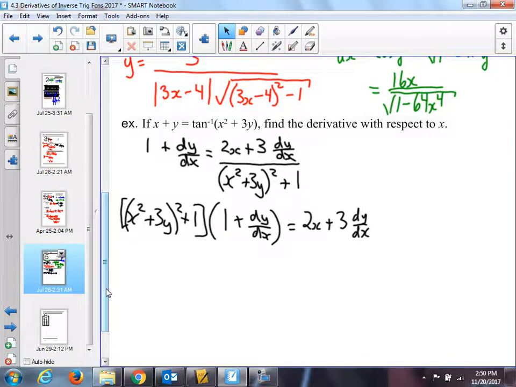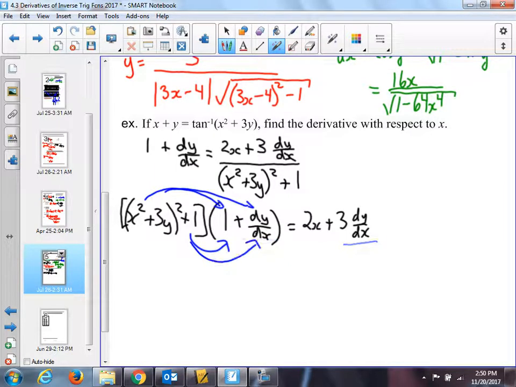Okay, so once we have that, don't multiply out the square. If I just want to isolate for dy by dx, I've got that and that I want to do there. But we do have to multiply and distribute, and then I have to distribute here. But I'm going to keep that as x squared plus 3y all squared. I'm not going to multiply it out. So the first term is just x squared plus 3y all squared.